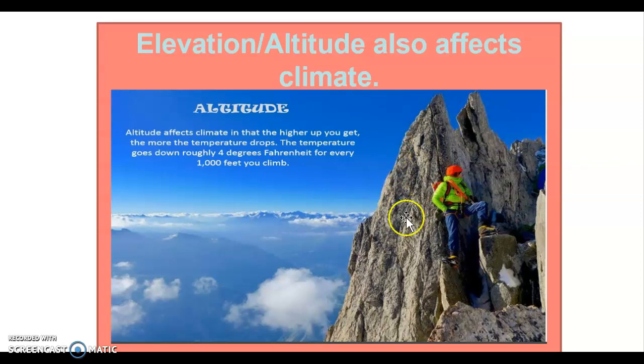So if you are living in an area that has a higher elevation above sea level, expect that area to have a colder climate than the one found at sea level. So this area here will be colder than the one at the bottom.